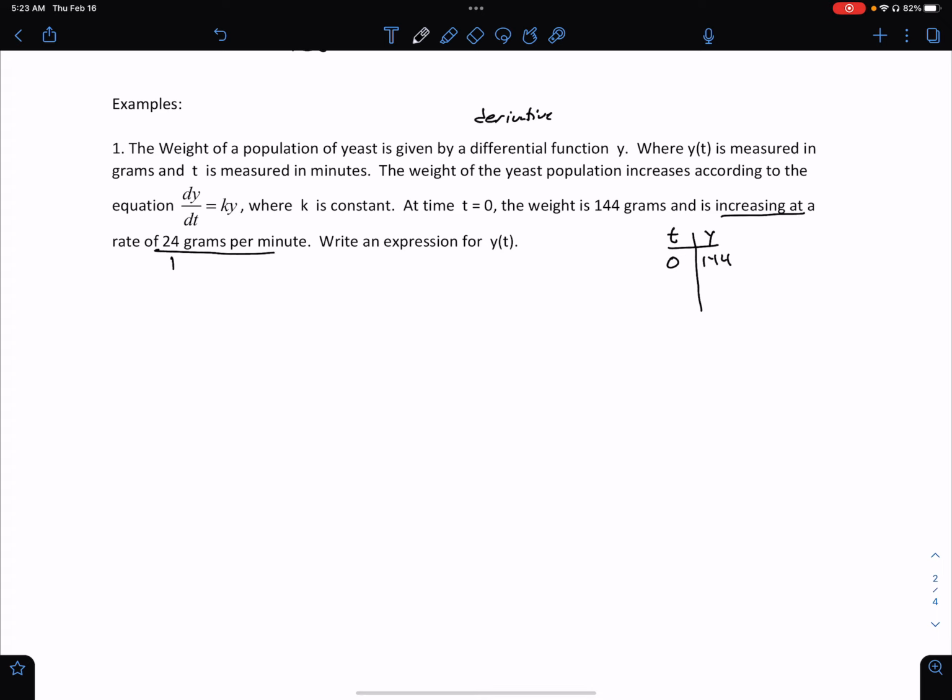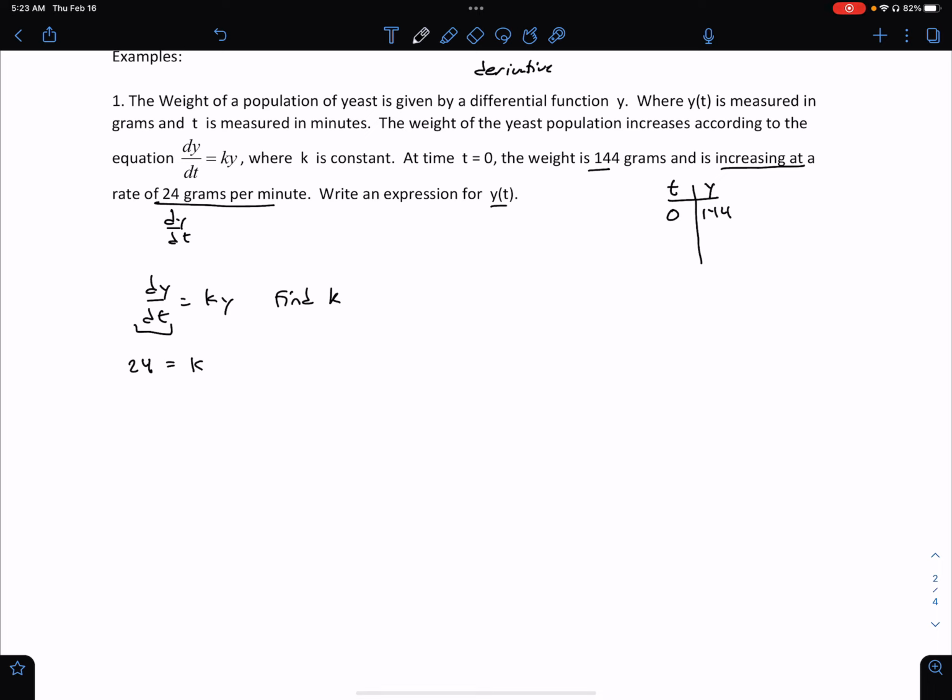So if I start with my equation here, dy/dt is ky, I need to find k. So I can do that by just plugging in. dy/dt, they tell me, is 24. k I don't know. At time equals 0, the weight is 144, so I know that y is 144.